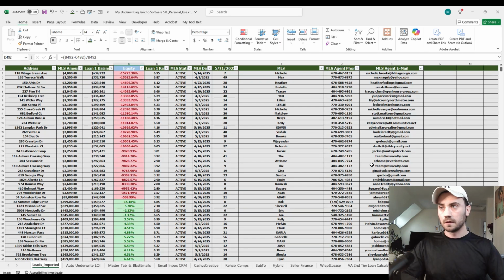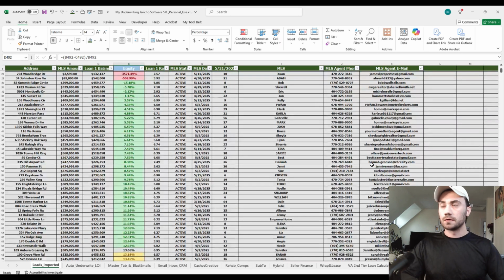So it's not going to be perfect, but because we're going to be doing an auto underwrite and email blast on a large volume of properties within just a few hours each day, the quality of the data is not going to be as important as the volume that we're able to generate within a short period of time.